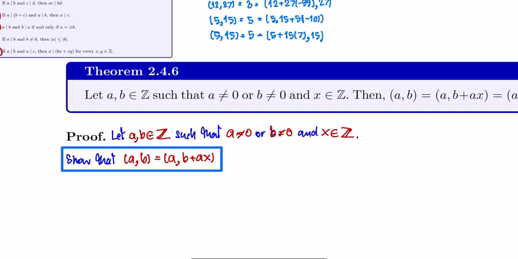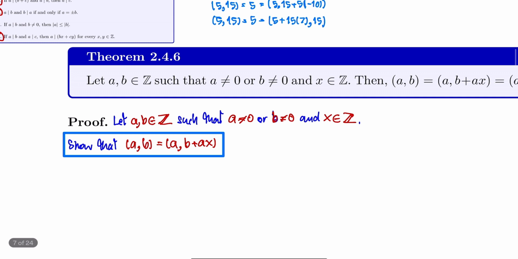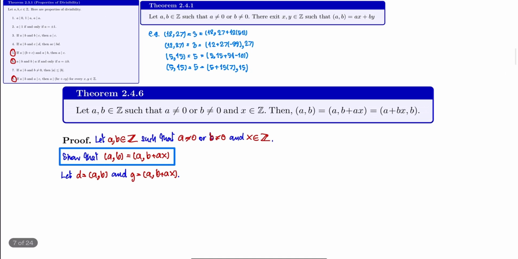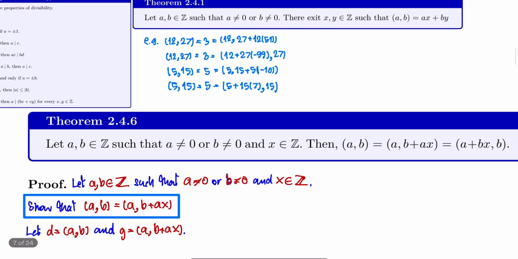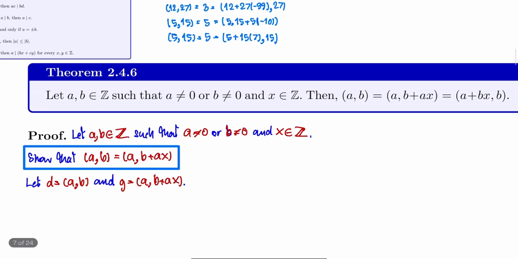What we have to do next is let d be the greatest common divisor of a and b, and let g be the greatest common divisor of a and b plus ax. Okay, what's the next thing that we have to do? We're going to use Theorem 2.4.1, which states that the greatest common divisor of a and b equals ax plus by.